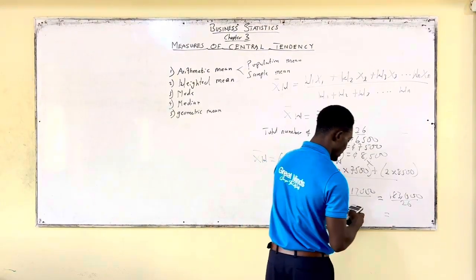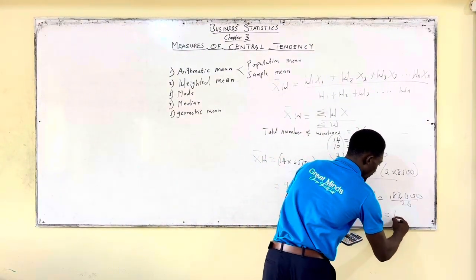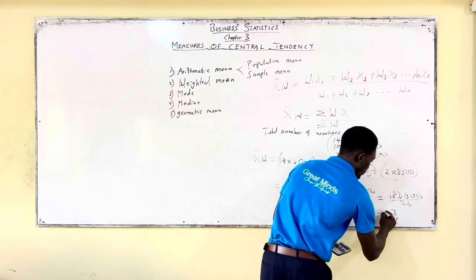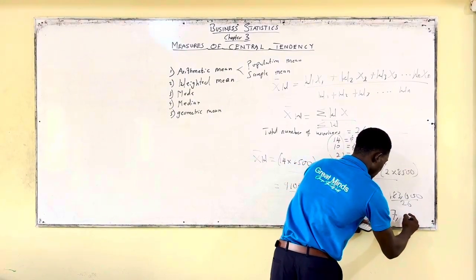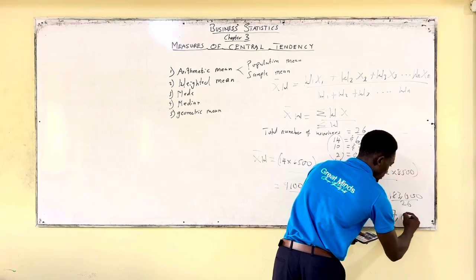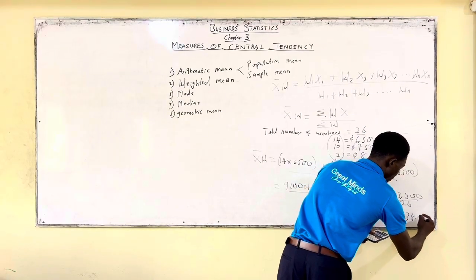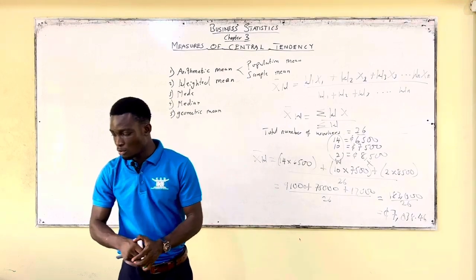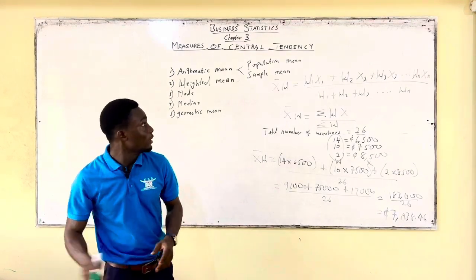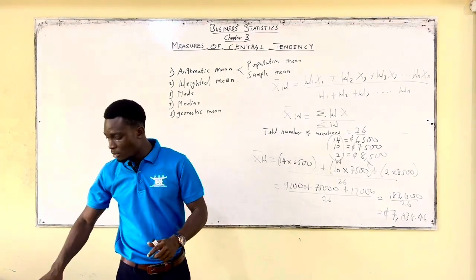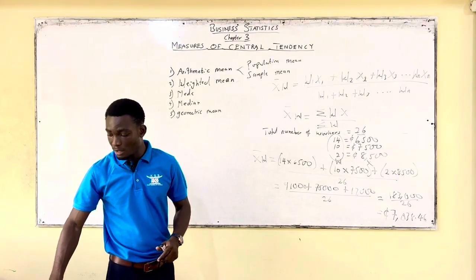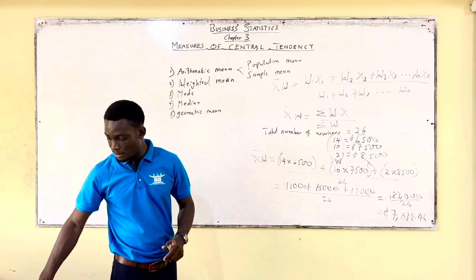And this is going to give us 7,038.46. Okay, so that is how we calculate the weighted mean in this case.